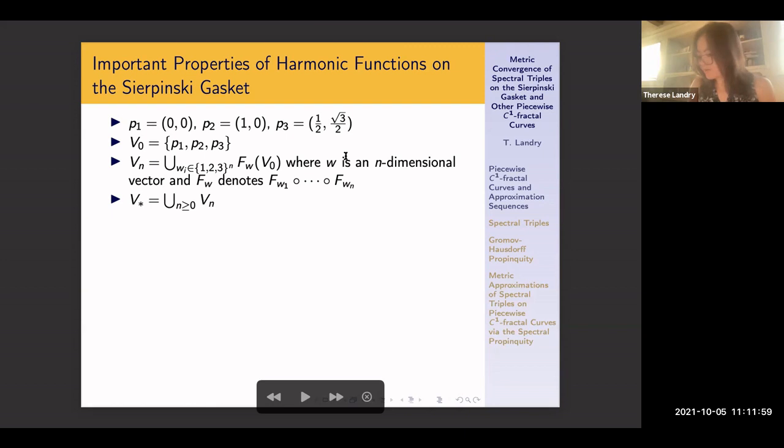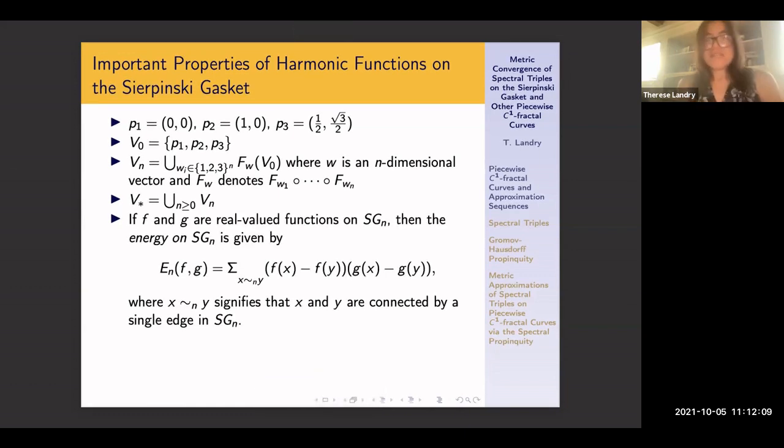And so the set of vertices obtained in this way, which is signified by V star, happen to be dense in the Sierpinski gasket. Furthermore, another thing about the Sierpinski gasket is that it could be written as the closure of an increasing union of a certain sequence of finite graphs.